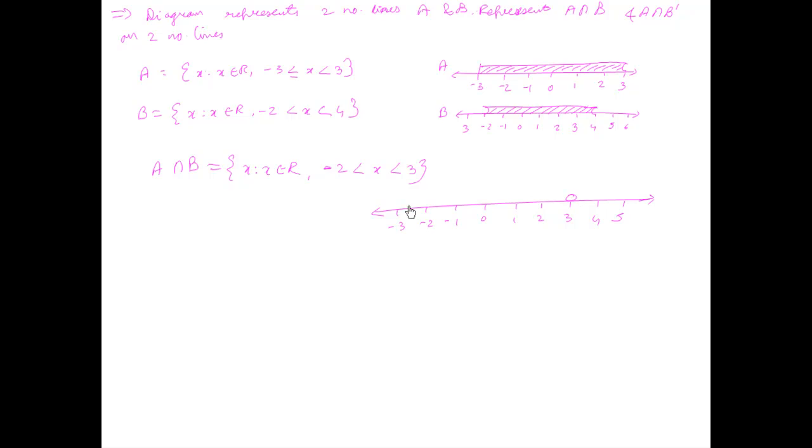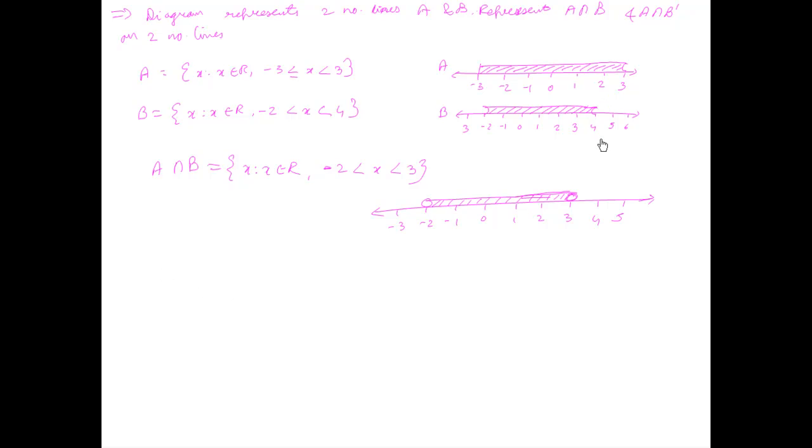From 3 to -2, both not being included. That's A intersection B.